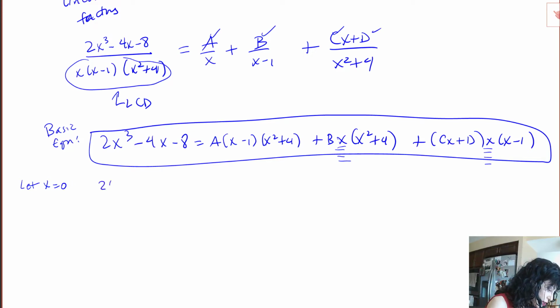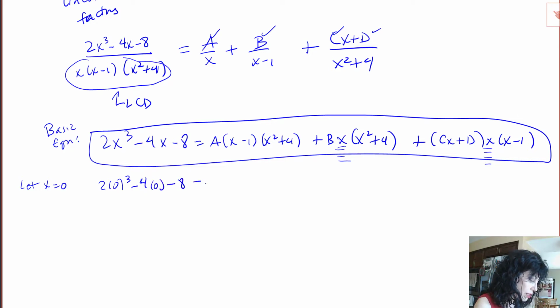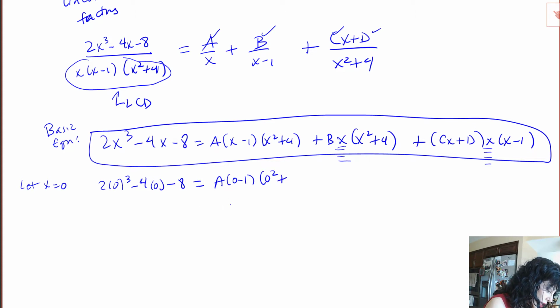So if I substitute x equals 0 into this basic equation, what am I going to get? 2 times 0 cubed minus 4 times 0 minus 8 is equal to a times 0 minus 1 times 0 squared plus 4. Everything else disappears. So we have negative 8 is equal to a times negative 1 times 4.